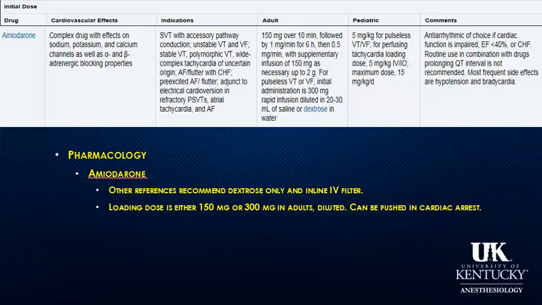Some references recommend dextrose only for dilution and also recommend the use of an inline filter, such as found in the top drawer of your drug tray. It can be given via the intraosseous route, and the most common side effects are hypotension and bradycardia.